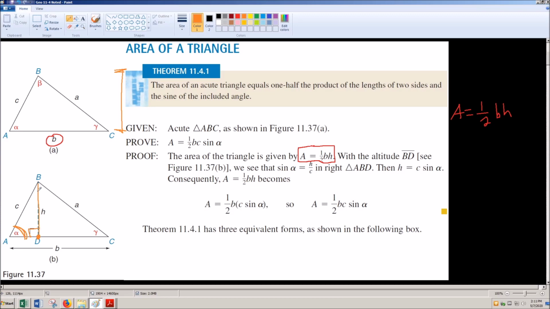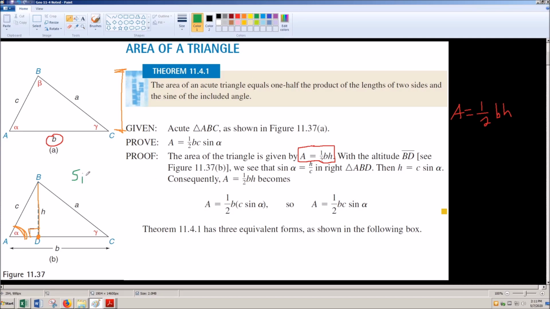In terms of this height, I basically want to relate it back into this equation with something that I can use. So the thing I'm going to use here is, let me choose another color. We'll use green.